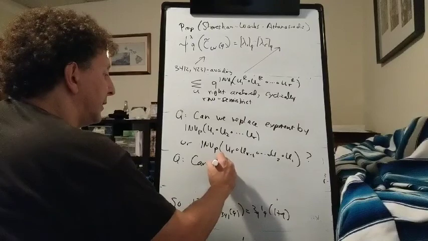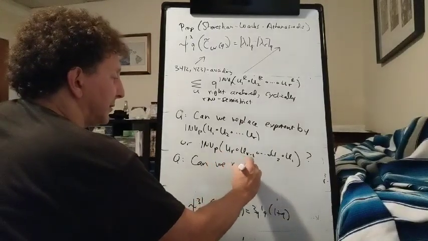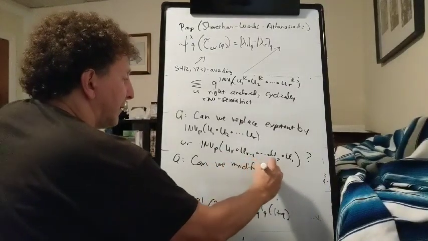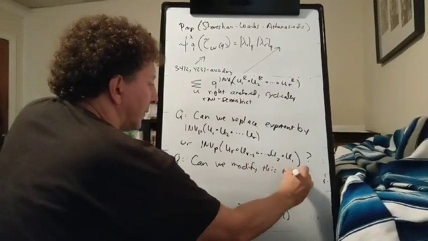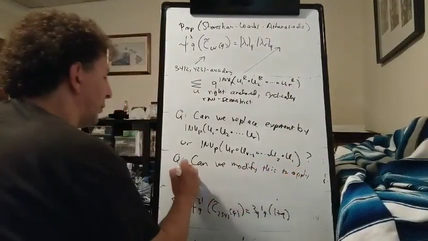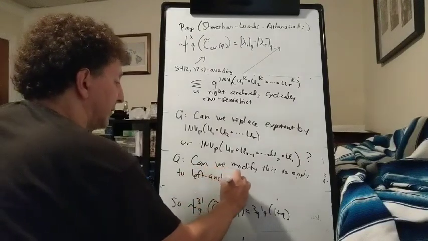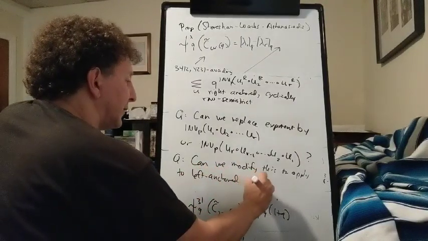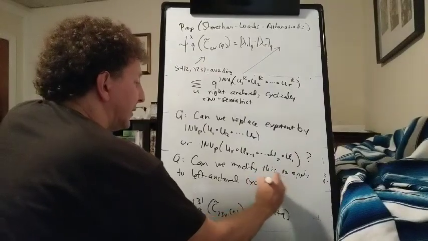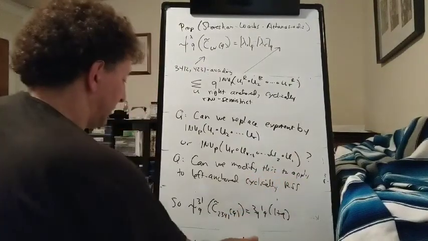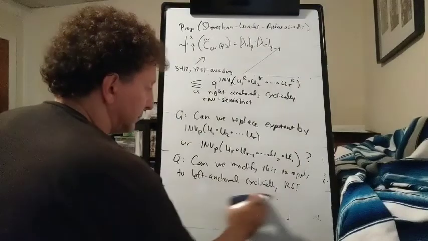Also, I wonder, can we modify this to apply to left anchored cyclically row-semistrict P-tableaux?